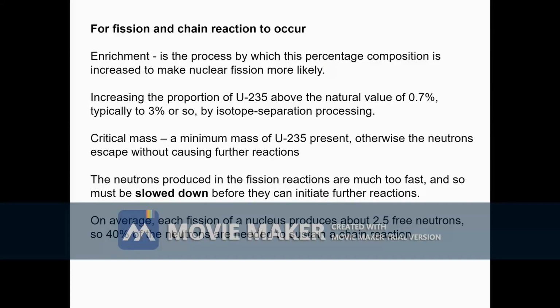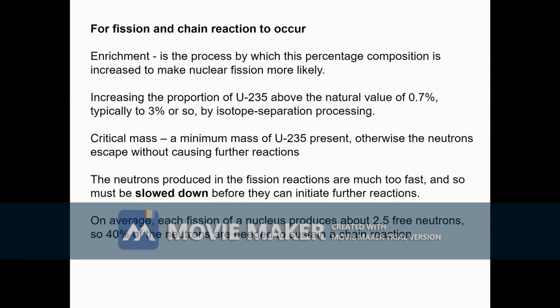Otherwise, neutrons would not initiate further reactions since they would escape. And naturally, neutrons that are produced by the fission reaction are very fast, so they have to be slowed down so that they can initiate further reactions.